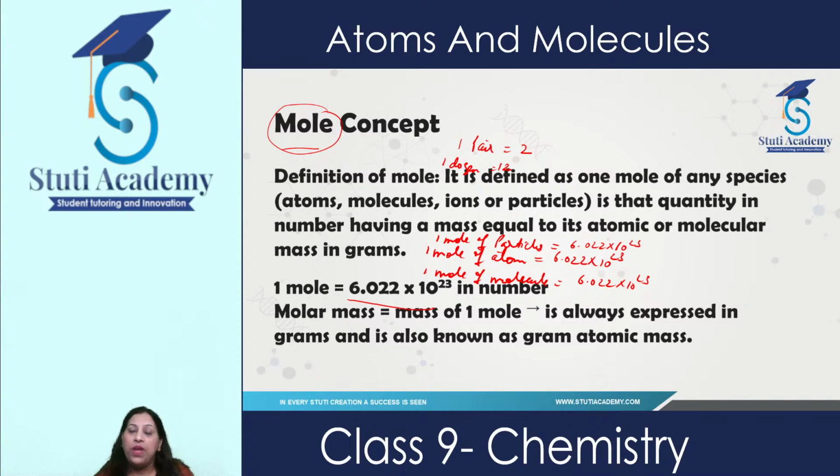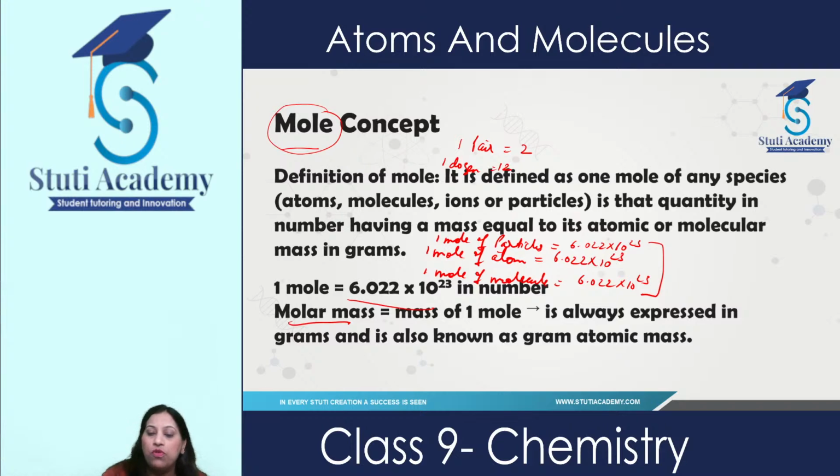And here I have explained one more term, that is molar mass. I think this is clear to you. So Avogadro number is equivalent to 1 mole of atom, 1 mole of molecule, 1 mole of particle. They all are equivalent to 6.022 into 10 raised to power 23, Avogadro's number.